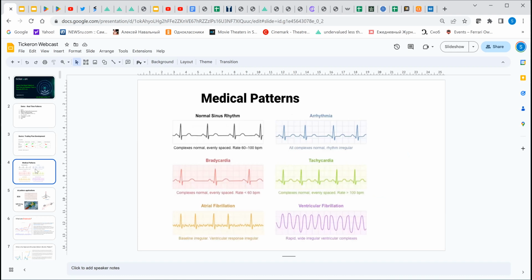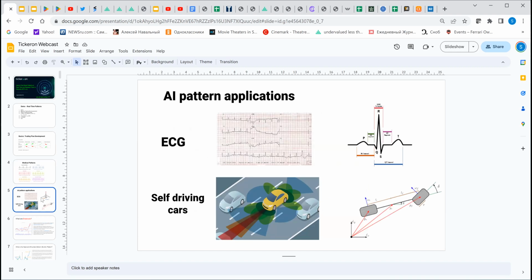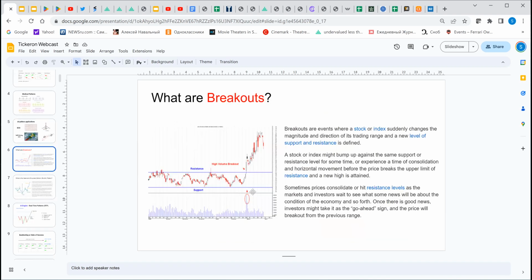Now, what are the patterns? Patterns are something which now can be described in mathematical terms. There are patterns for medical, patterns for the cars, and everywhere there are some specific dimensions AI is looking for, okay? So what are the breakout points?